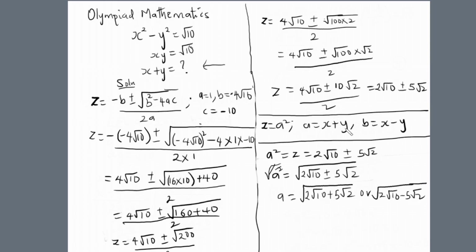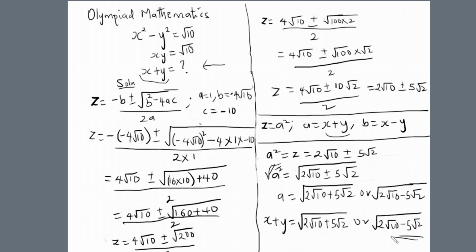So how is this significant? Remember that a is x plus y. The question says we should look for x plus y. So it means that x plus y equals the square root of 2 root 10 plus 5 root 2, or the square root of 2 root 10 minus 5 root 2. These are the final answers.